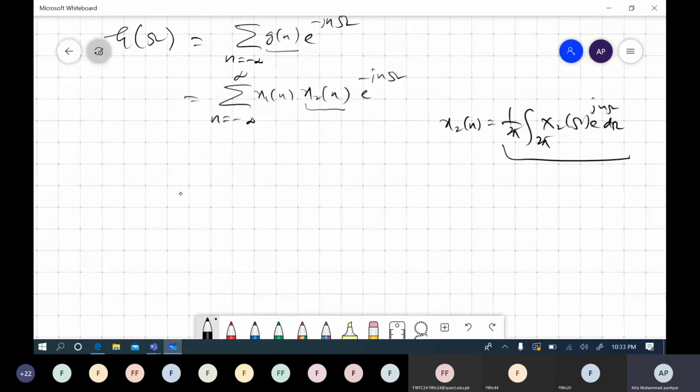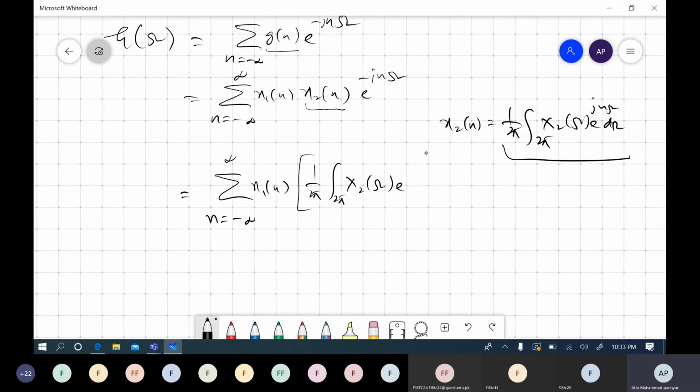If we replace this here, then what we get? Summation over n from minus infinity to infinity of x1 of n, now integral 1 over 2 pi of X2 of omega e to the power j n omega d omega times e to the power minus j n omega.